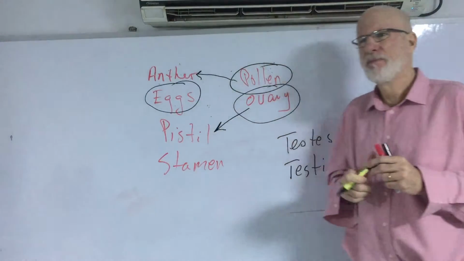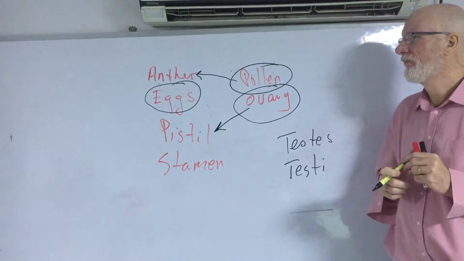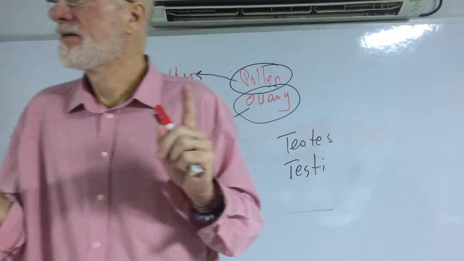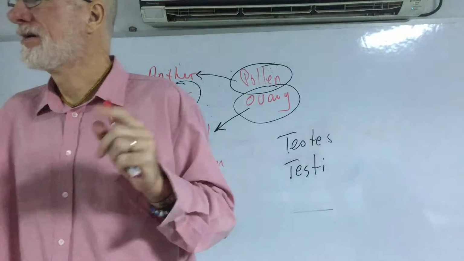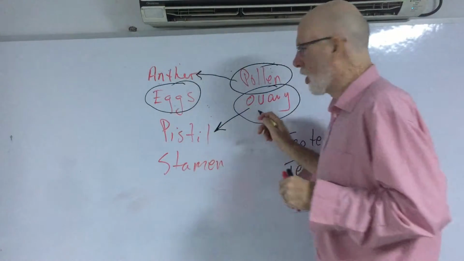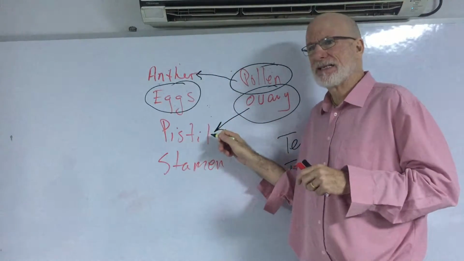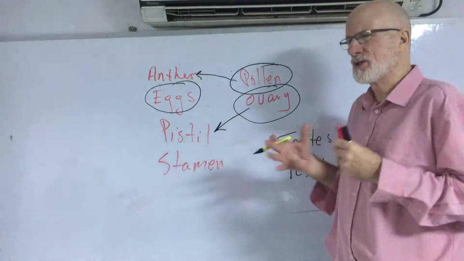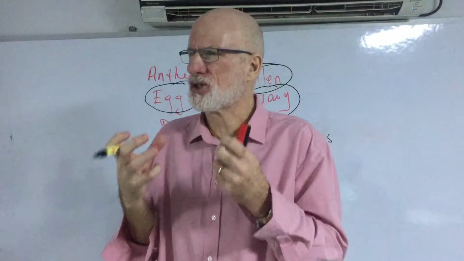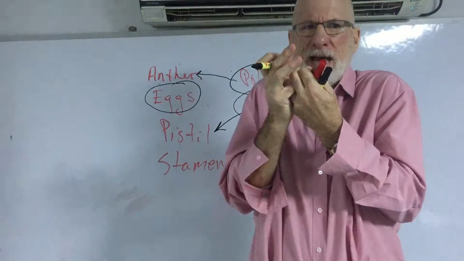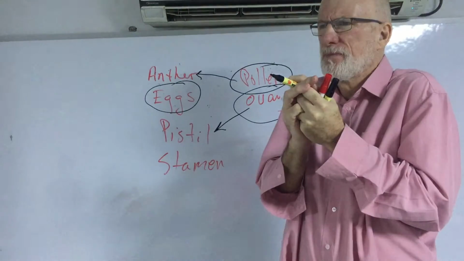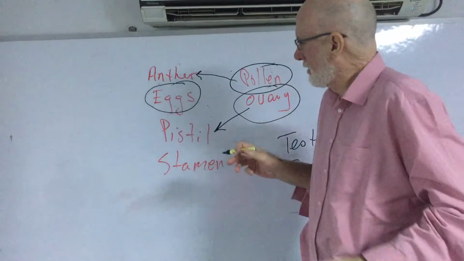Is that correct? All right, good. The ovary is located at the base of the pistil. Okay? Does the pistil have another function, or is it just a structure that the ovary sits on? Just sits there.